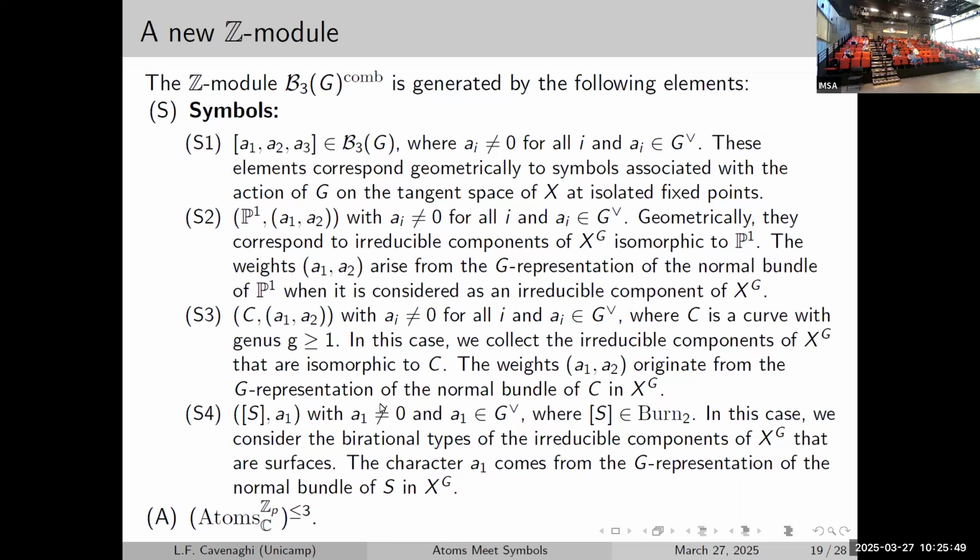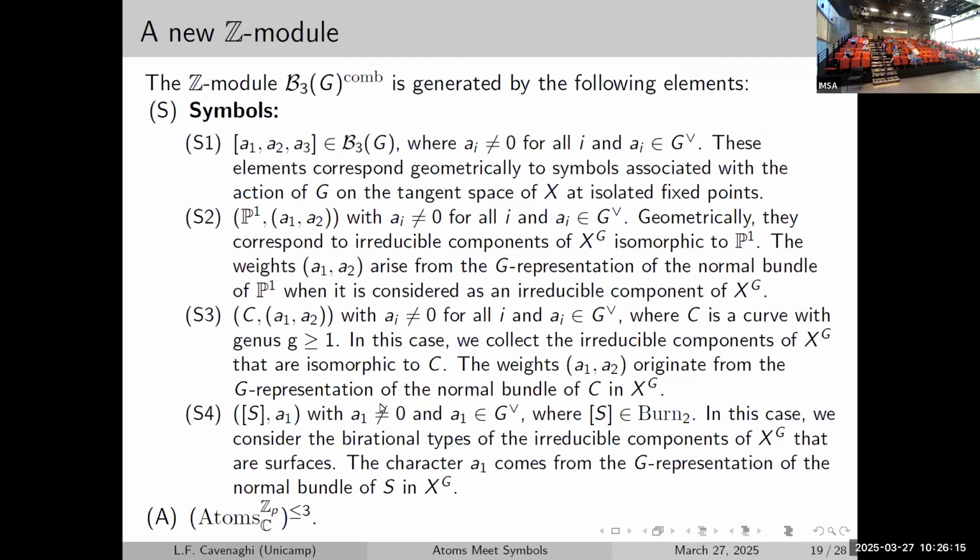Now, lastly, you collect these atoms in the heap. Because to each smooth projective variety, you can associate this decomposition in homology. What we will do to define this set is to consider all the possible isomorphism types of smooth projective varieties and all the possible decompositions in homology that appear. Then you mod out by these blow-up relations and also this quantum relation here.